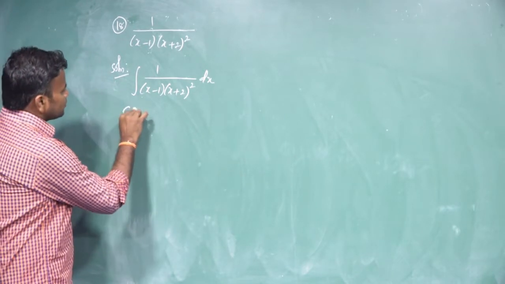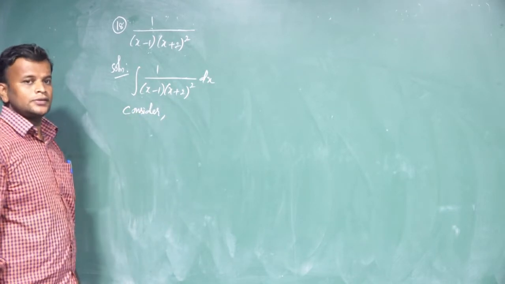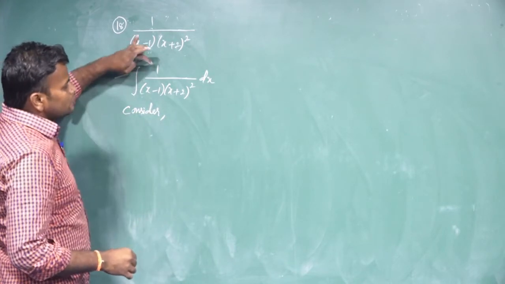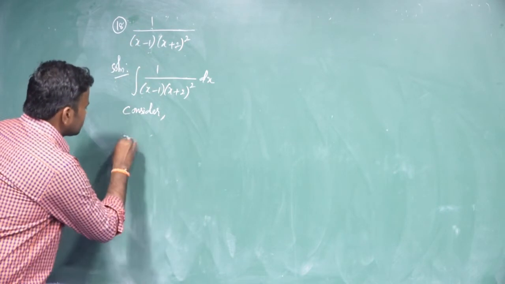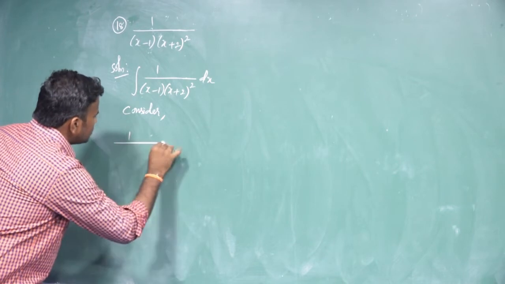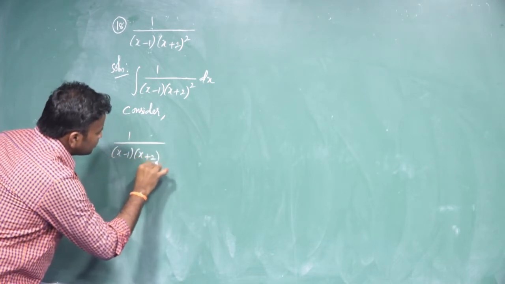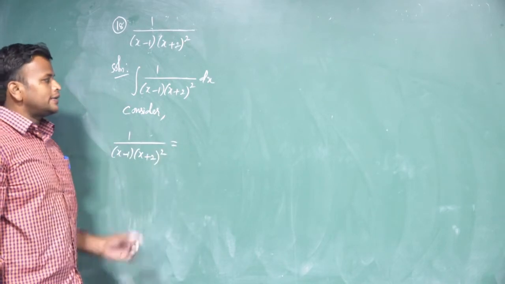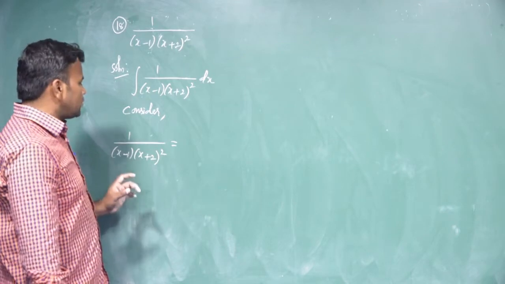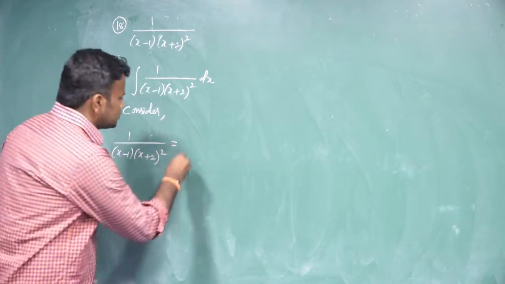Now we consider the terms. What is our given sum? It's 1 divided by x minus 1 into x plus 2 the whole square. I already told you, for each and every linear factor, one constant. First of all, x minus 1 is one linear factor.